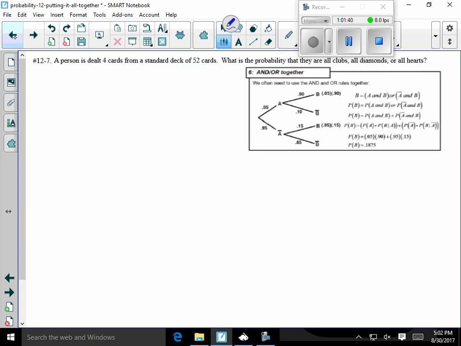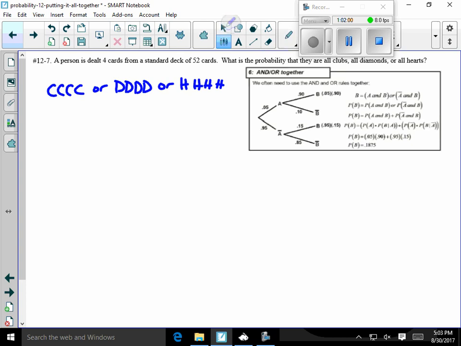If I state it this way, what would I have to have? I'd have to have a club, club, club, club, or I could have diamond, diamond, diamond, diamond, or I could have heart, heart, heart, heart, right? Okay, and actually, I should be even more specific than that.